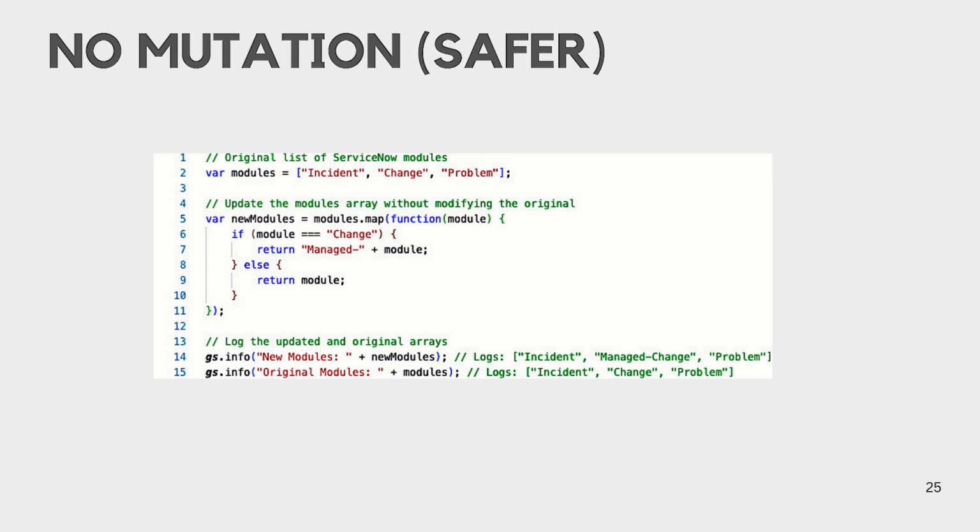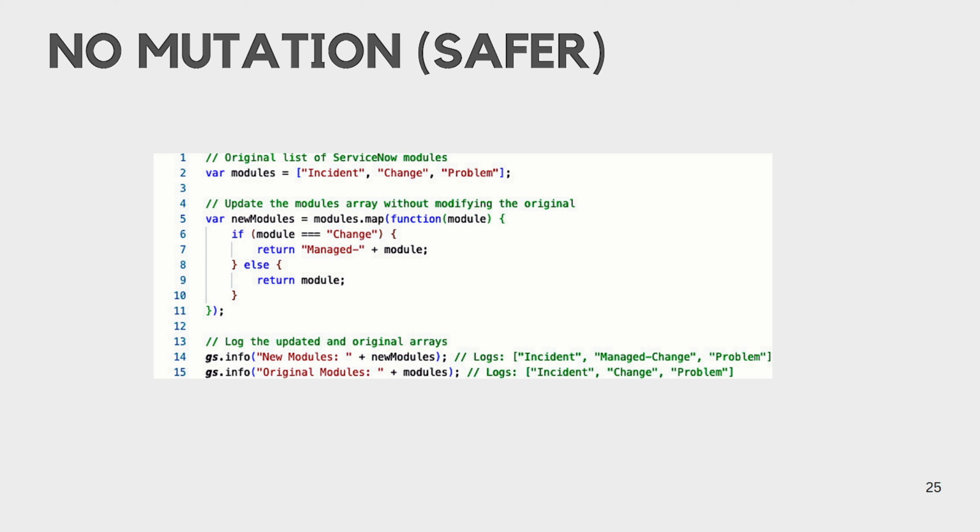Each time this function is applied, it returns a new element that goes into the new version of the array. So all I need to do is provide a function that checks if the value is change. If it is, it doesn't just return the original value. Instead, it returns a new value, which is a concatenation of manage-hyphen to change, resulting in manage-change. All other values remain unchanged, okay?